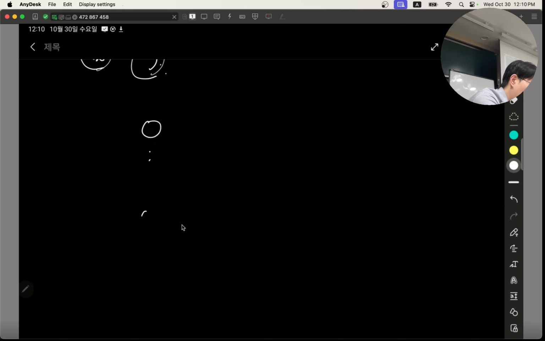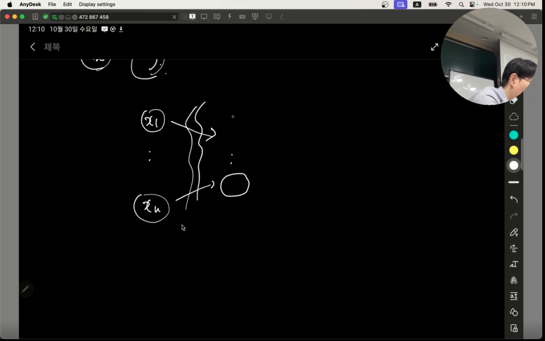So here you have the same inputs, x1 to xn. It doesn't matter, n depends on the size of your image data. So what you want is basically something going on here, and the output is y1 to ym.